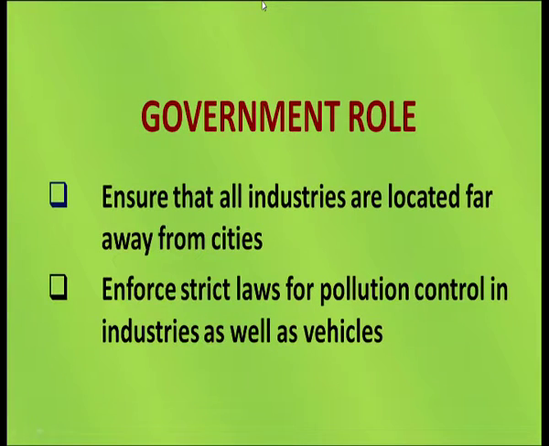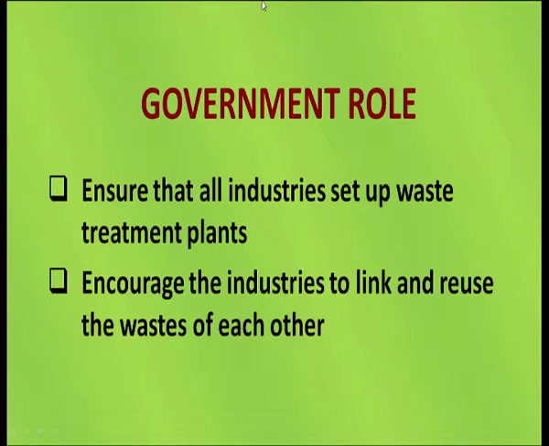Government roles. Ensure that all industries are located far away from the cities. Enforce strict laws for pollution control in industries as well as vehicles. Ensure that all industries set up a waste treatment plant.